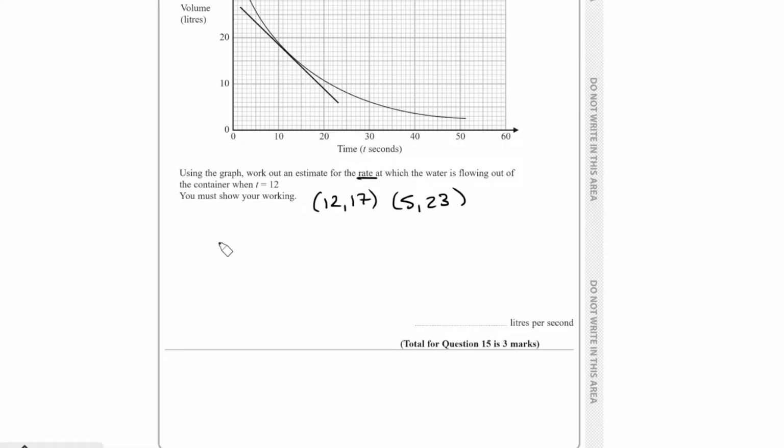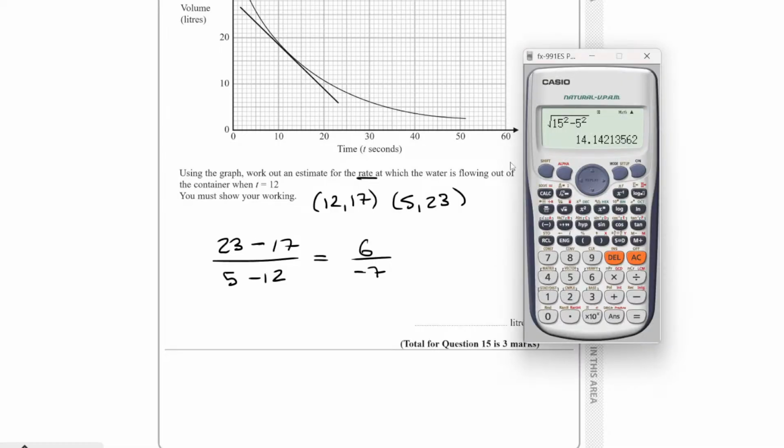So gradient is change in y over the change in x. Yeah, you can see it's going to come out negative. What was that? 6 over minus 7, that's what I got, which we'll get as a decimal. So I got negative 0.86.